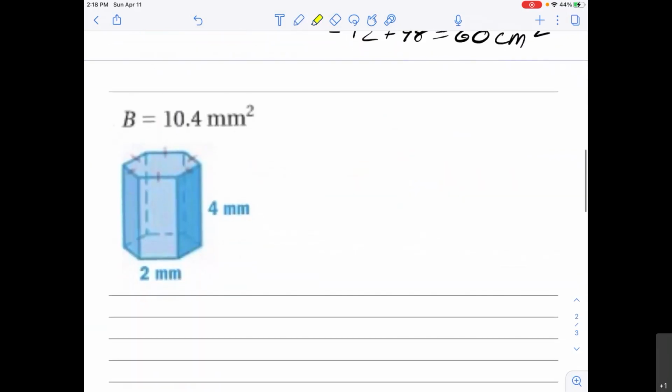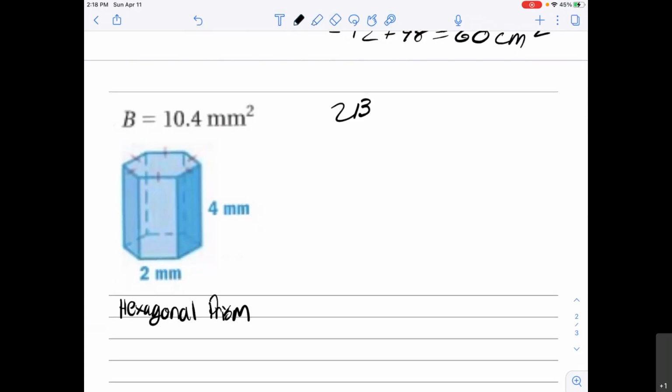We can also use this formula to help us find the surface area of other types of prisms. So in this case, this is a hexagonal prism. And looking at this right away, it's really easy to go, well, I have no idea how we would even go about finding this. But let's look at the formula and see if we can figure it out.